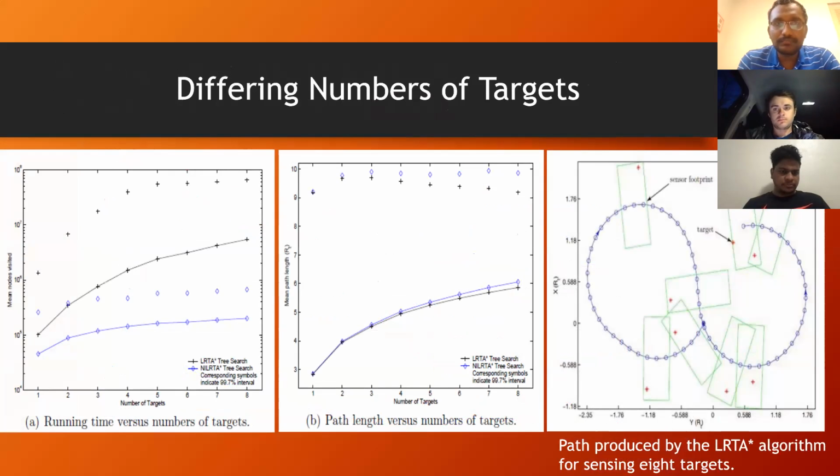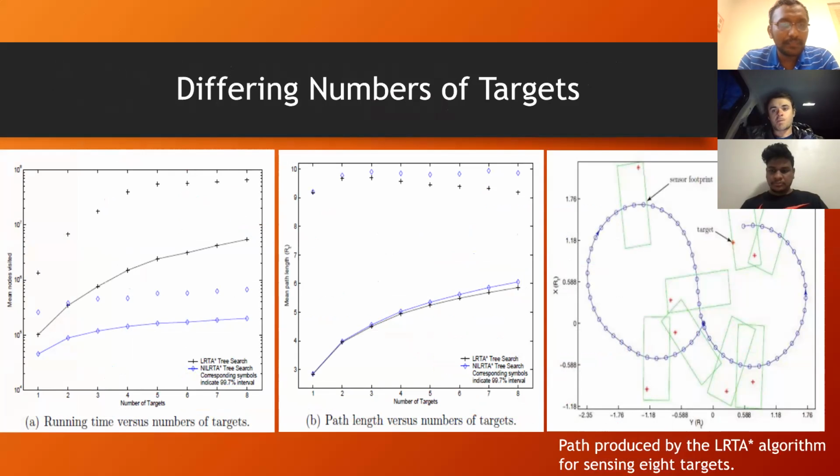And these are the pictures for differentiating the number of targets. Based on the number of targets, like in figure A, running time versus number of targets. On the x-axis, we have given the number of targets, and on the right, the mean nodes visited and the length of the path.